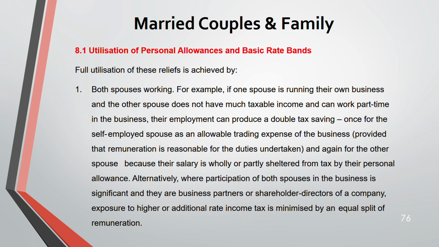It should not be excess remuneration. And the salary the spouse is getting might be covered by her personal allowance. So where both spouses are participating in the business, one is self-employed and the other is working as an employee, you can save a significant amount of tax.